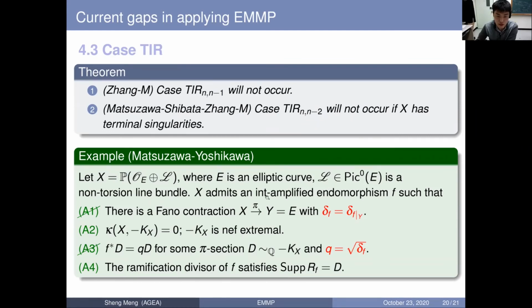They constructed an int-amplified endomorphism such that all the conditions of case TR are satisfied, except here the dynamic degree is preserved. So delta F equals delta F restricted to the fiber. And the third, although D is a prime divisor, and indeed D is a pi-section, the eigenvalue equals Q, while Q equals the square root of delta F.